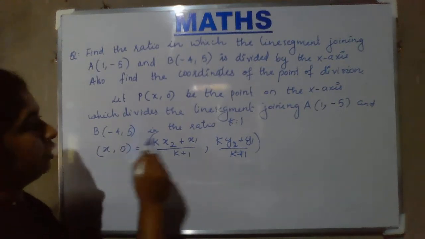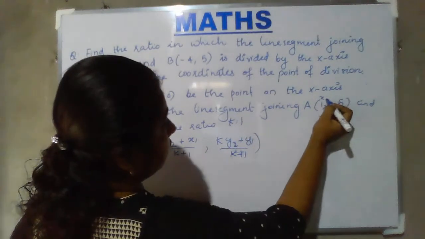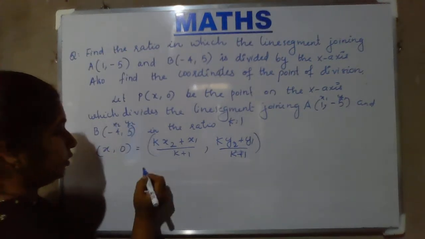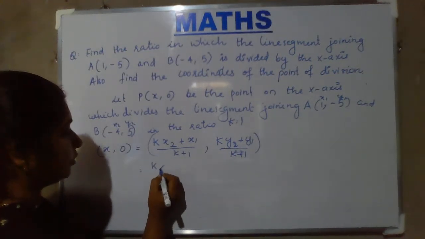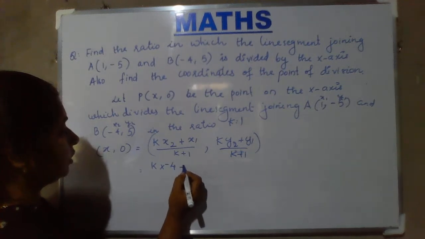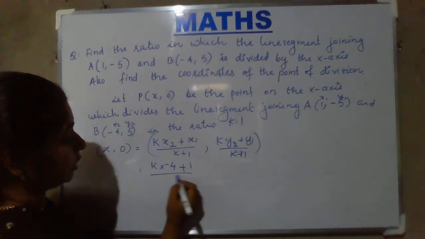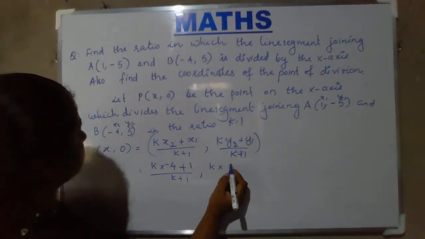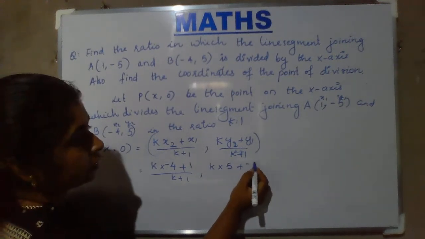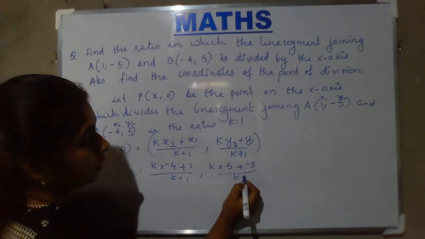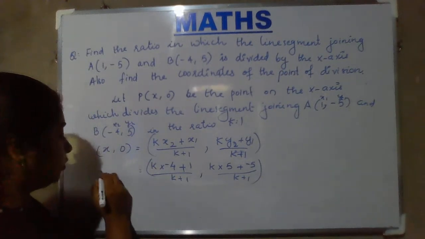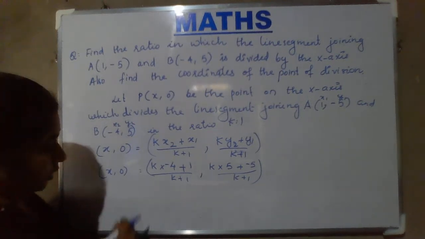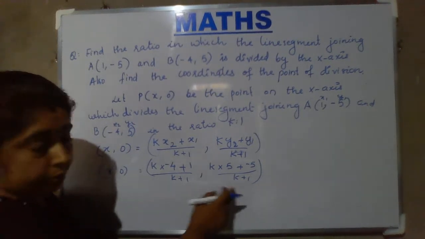Now here the point A is (x1, y1) and B is (x2, y2). So we can write k into x2, which is -4, plus x1, which is 1, by k + 1, and k y2, which is 5, plus y1, which is -5, by k + 1, which is equal to the ordered pair (x0, 0). Now we equate the y coordinates.